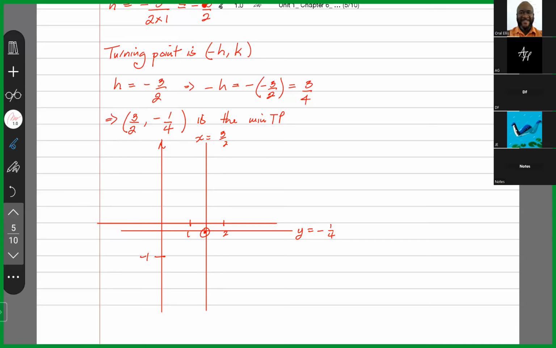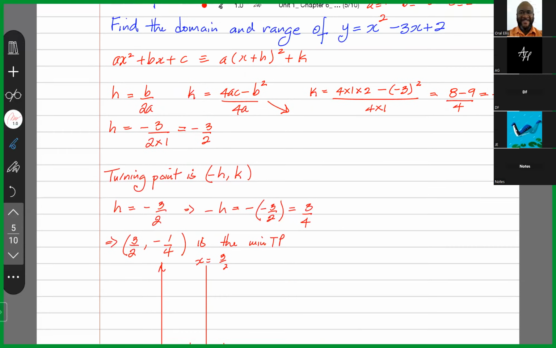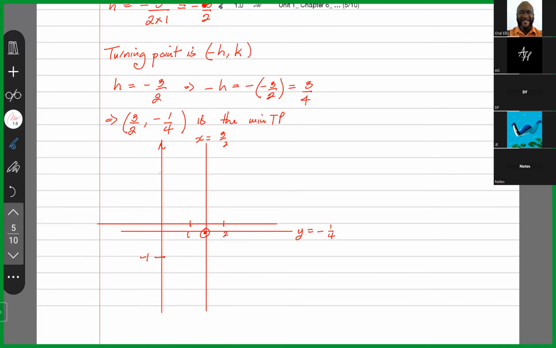I didn't bother to find the intercepts because for what I need to do, I don't need the x-intercepts. All right. I'm just doing my sketch. So my graph would look something like this. So let's do that again.